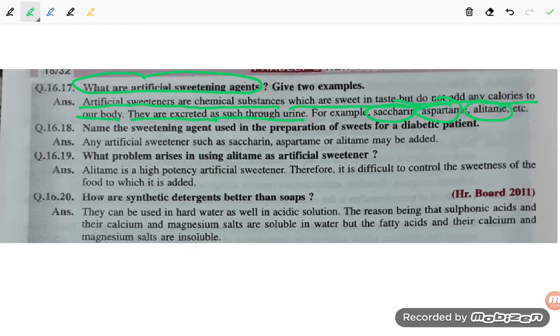It is sweeter than normal sugar, and it is good for patients who are suffering from diabetes. So what are the examples? Saccharin, aspartame, alitame.